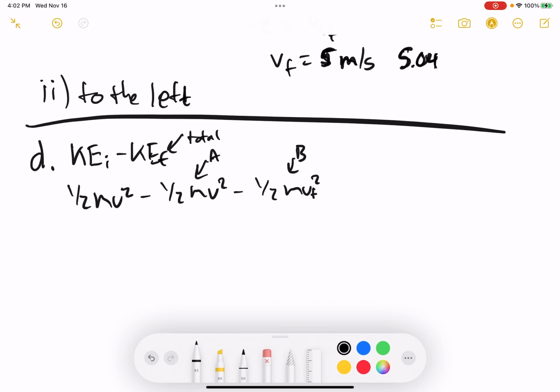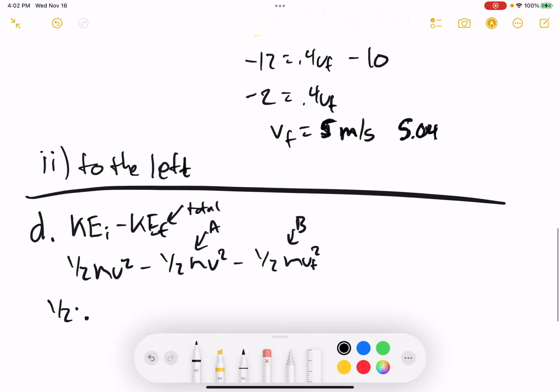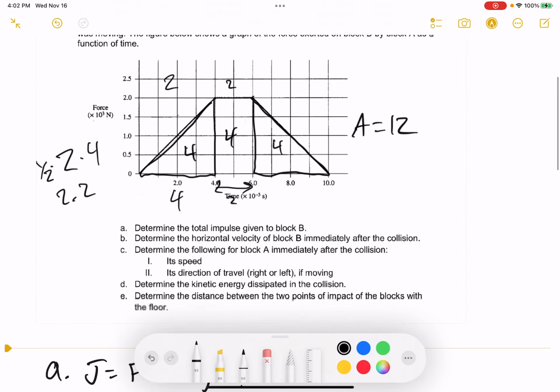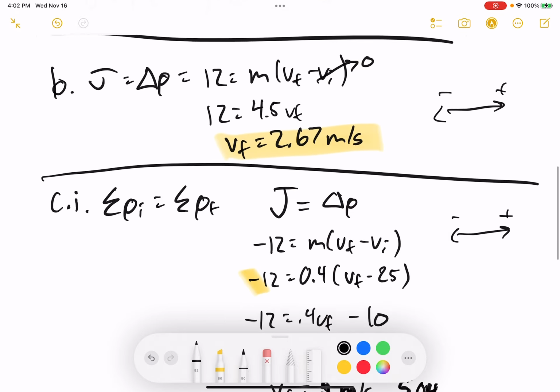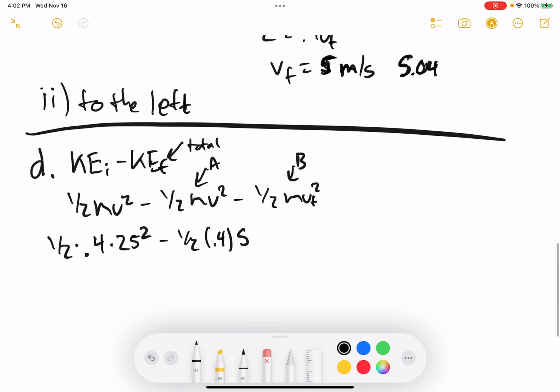And so I'll have 1/2, my block A has a mass of 0.4, and its initial velocity is 25, so I have to square that. Then 1/2, block A is the smaller one, so this will be 0.4, and the velocity of that one was 5 squared.